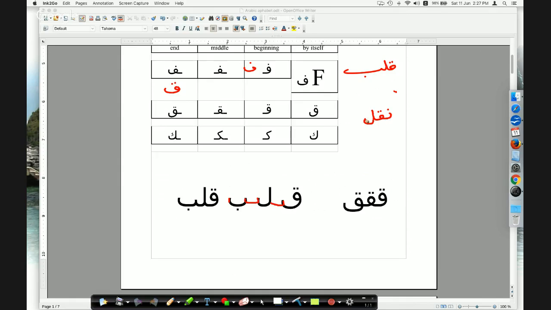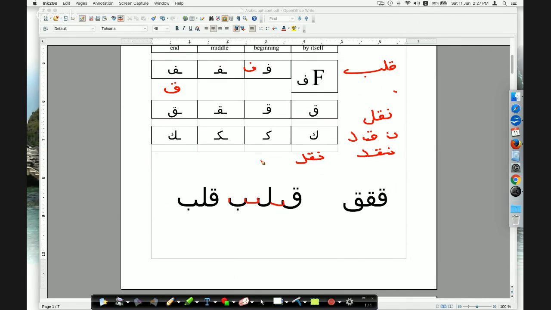Na qa la. Simply there are three letters here: Na and Qa by themselves, and L. We connect them, the Na and then the Qa and then the La. That's it. Naqala. Two dots.